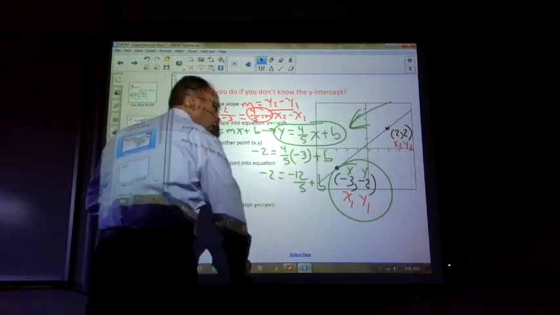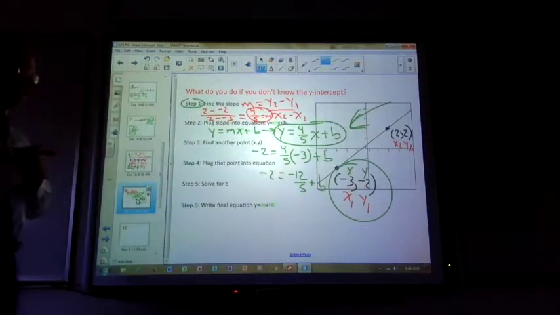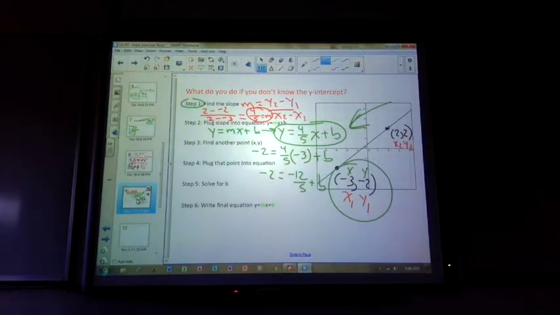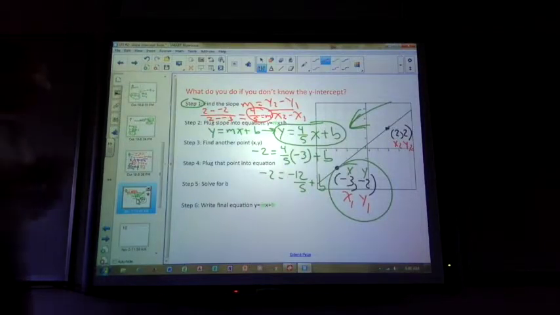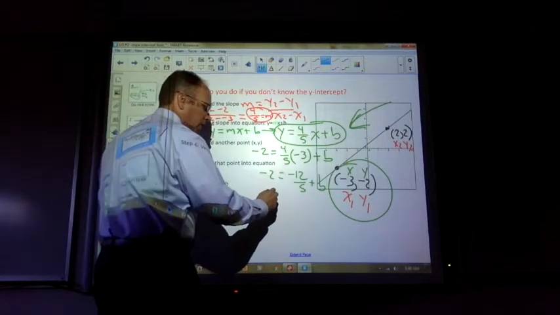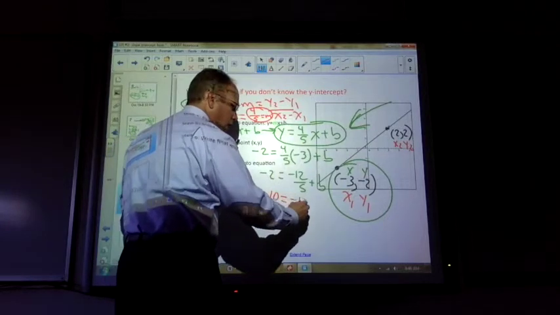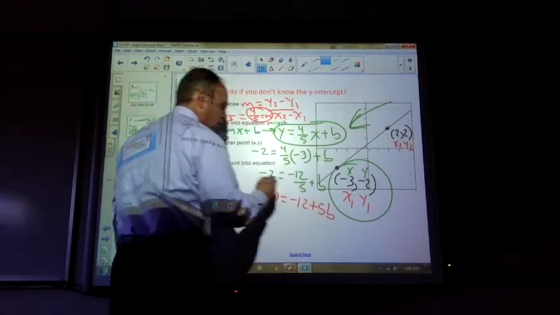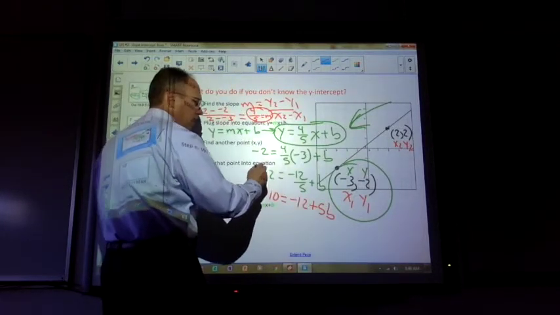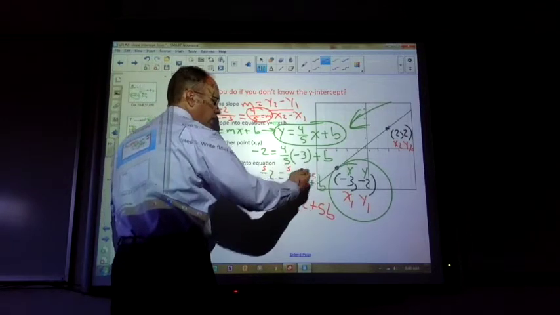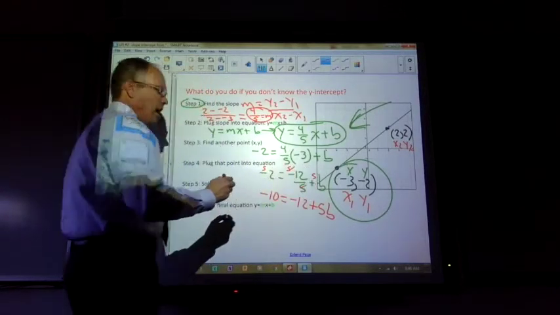Hang on, I think I know how to do this. How would I clear the denominator? What do I have to multiply all 3 terms by to get rid of that denominator? 5. So -10 equals -12 plus 5b. So all I did is I multiplied this by 5, this by 5, and this by 5. These 5's cancel each other out.